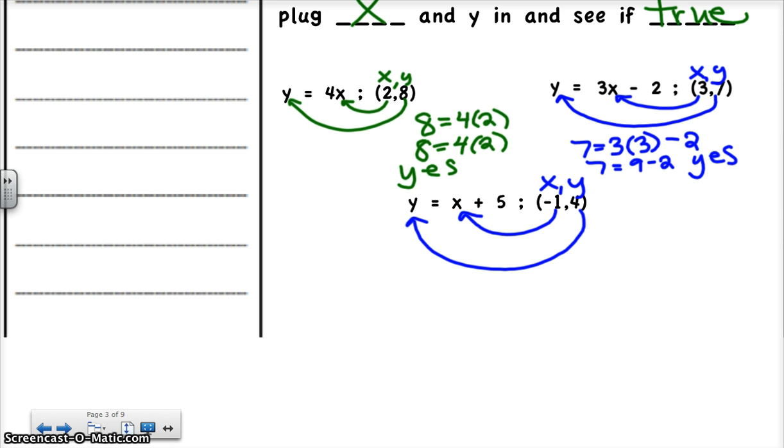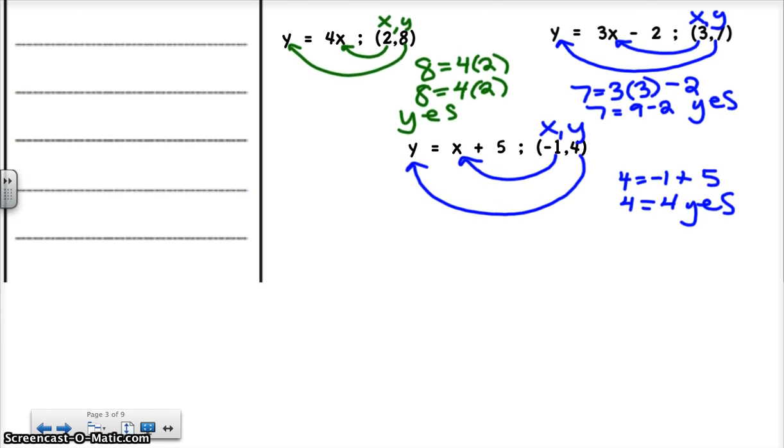Rewrite. Does 4 equal negative 1 plus 5? 4 equals 4. Now, I happen to pick examples that were all solutions. They will not always all be solutions, just so you know. It just happened to be the case right now. I probably didn't realize I picked problems that were all solutions.